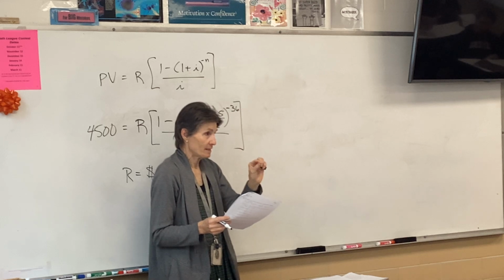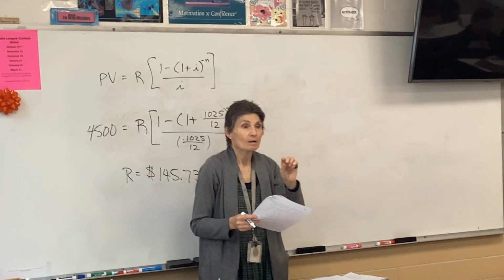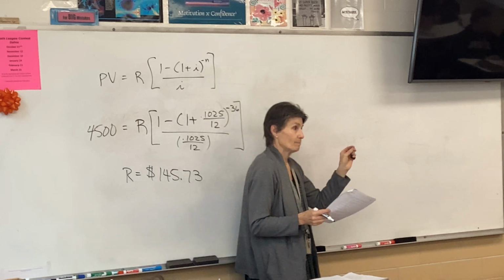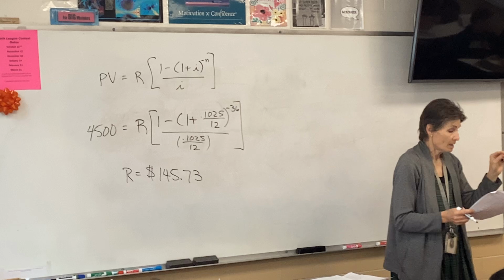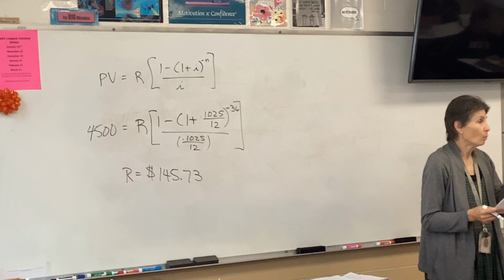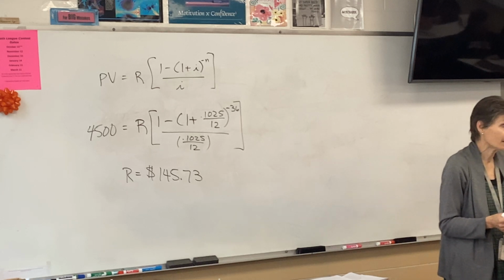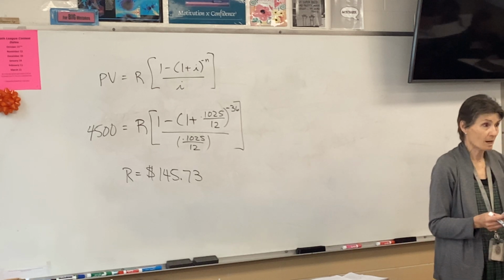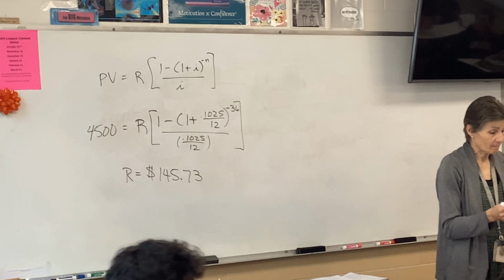PV and FV are used when you are making payments. The only time you're going to use PV and FV is when you're making payments. It says payment, so number 14 will be either PV or FV because I am making payments. Got it? Now, which is it?